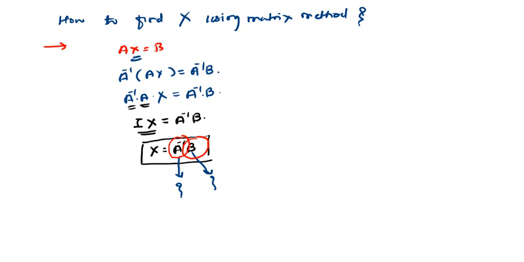We know how to find the inverse of a matrix using the adjoint method. Then we will substitute that inverse of the matrix into this equation, and we will get the matrix of unknowns, that is X.